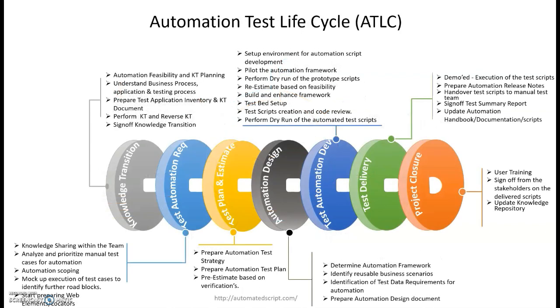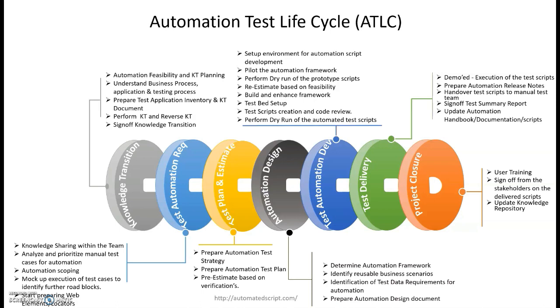So let's start. If you can see on my screen, it is the complete automation testing lifecycle, that is ATLC. The automation test lifecycle is an important portion of any automation testing. The term lifecycle denotes the entire process of testing. As we have the software development lifecycle and the software testing lifecycle, we have the automation testing lifecycle as well.